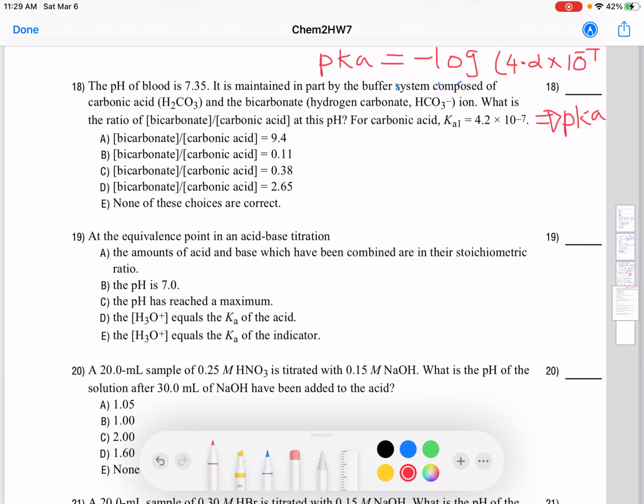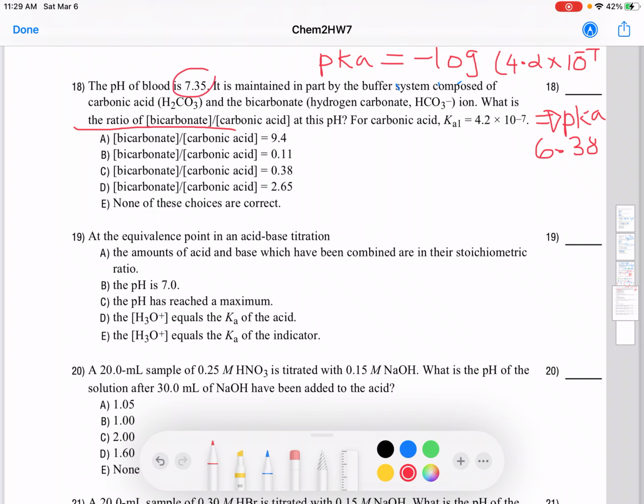That's how you find the pKa. And then you use the ratio. When you do the calculation, you will be getting a pKa something like 6.38. But make sure you do your calculation and find out the correct answer. Okay, I might be doing something wrong.